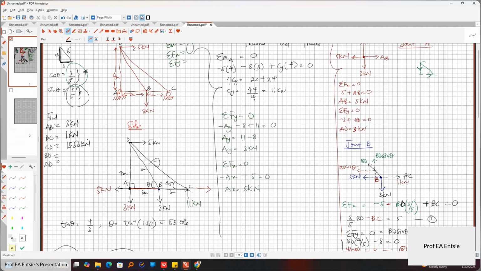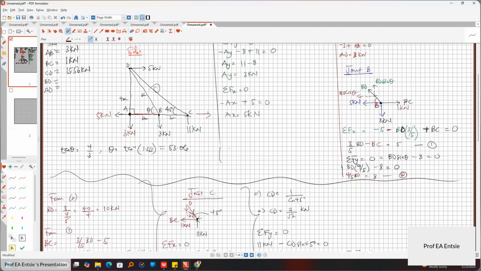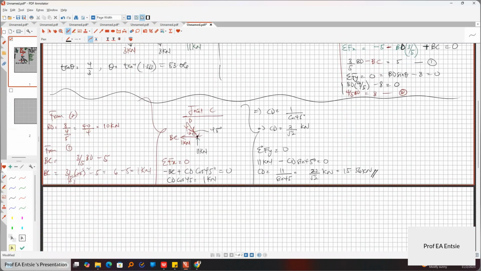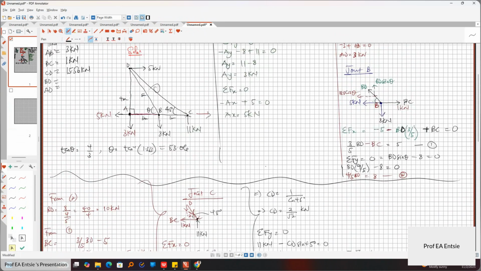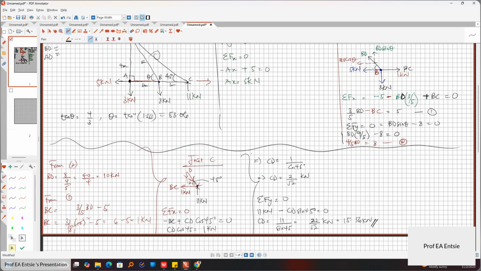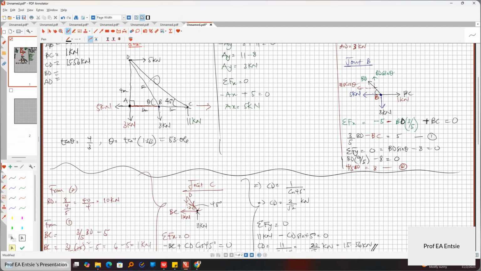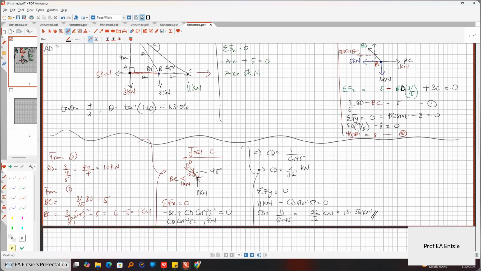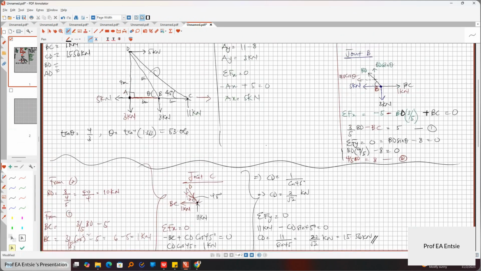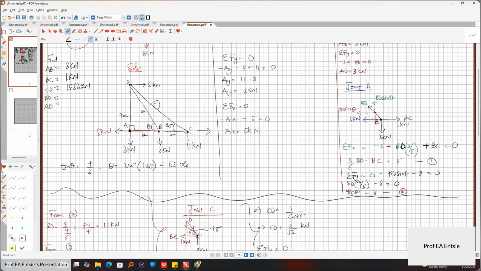Kilonewton. Then we also have the BD and AD. BD, where is BD? BD is up there. So I'm finding it from joint B. So BD we had 10.